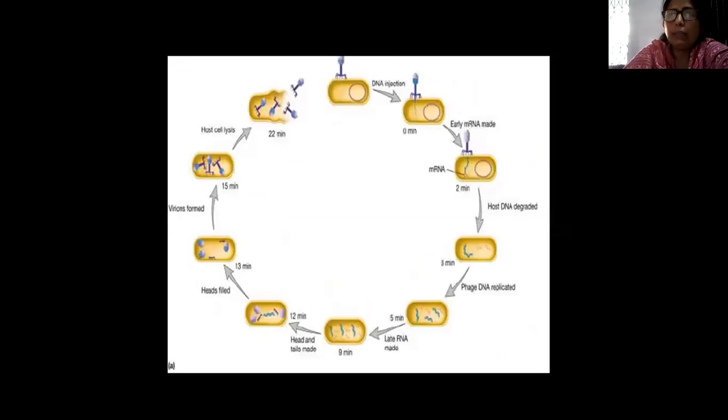Now we will be seeing the time taken in each process, that is how these 20 minutes are spent. So as soon as it gets attached, the viral DNA starts to penetrate, and that time is taken as the 0th minute.